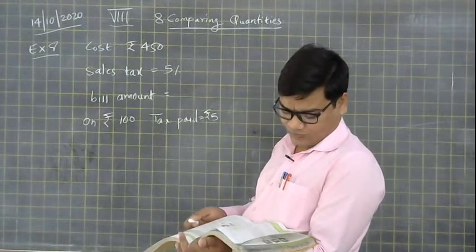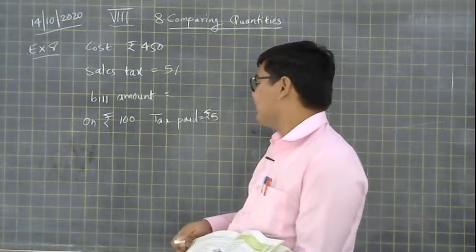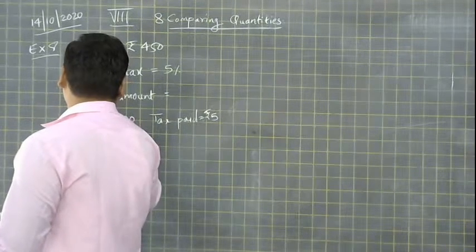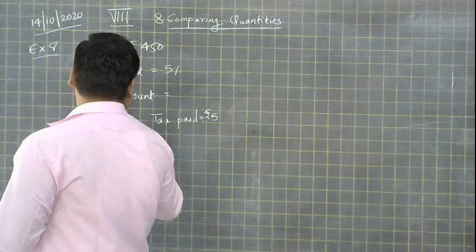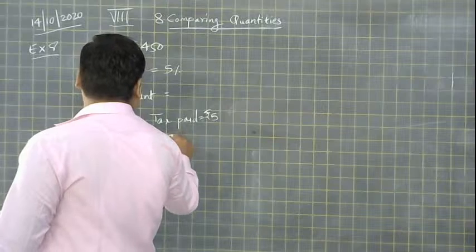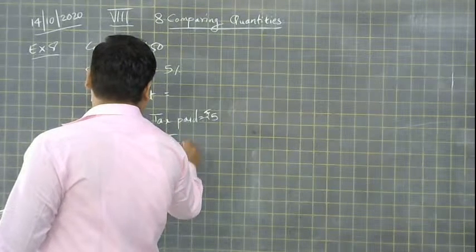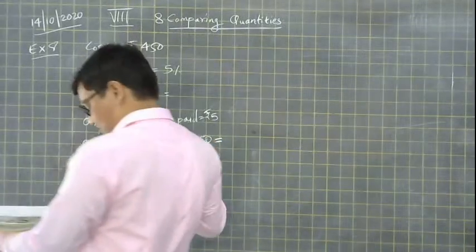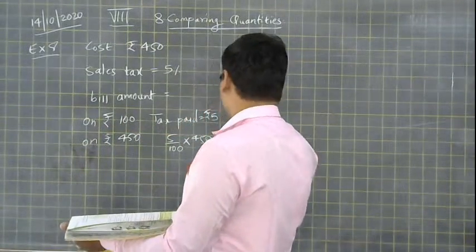And on rupees 450 the tax paid will be equal to 5 upon 100 into 450, which is equal to 22.50.